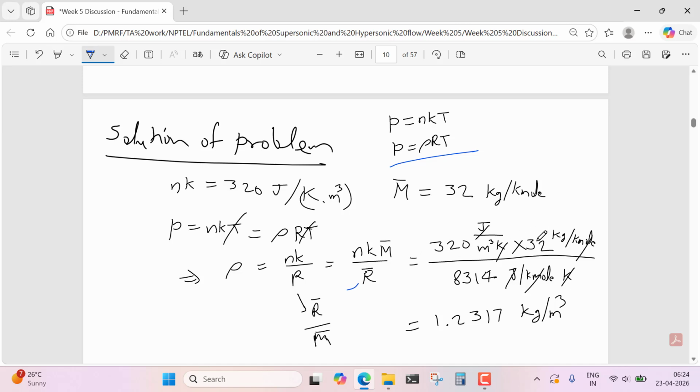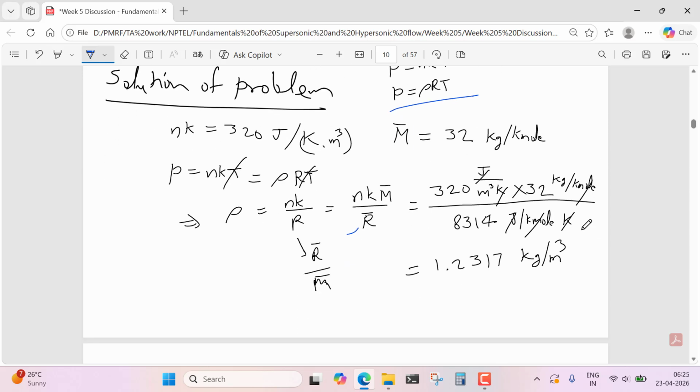M bar value is 32 kg per kilomole. R bar value is 8314 joule per kilomole Kelvin. So if we solve this together, we will get 1.2317 kg per meter cube, which is density.